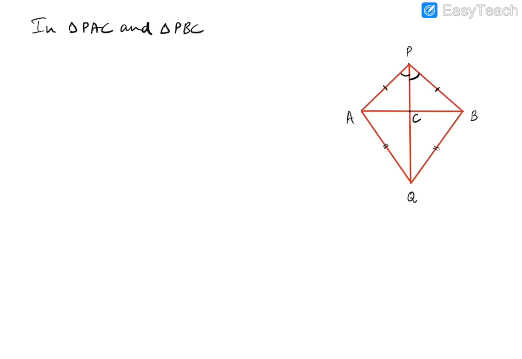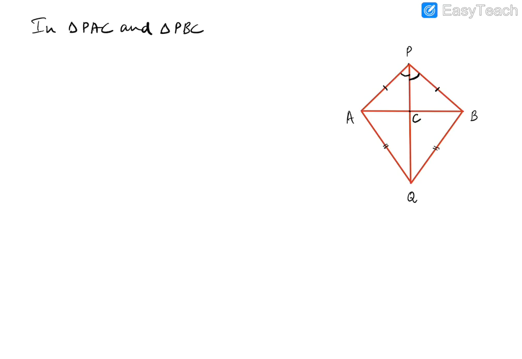In triangle PAC and triangle PBC, let me copy the figure from the previous page to here also, so that it's easier to follow. Okay, I brought the same figure here on this page as well.